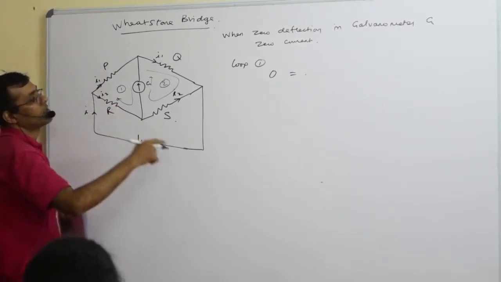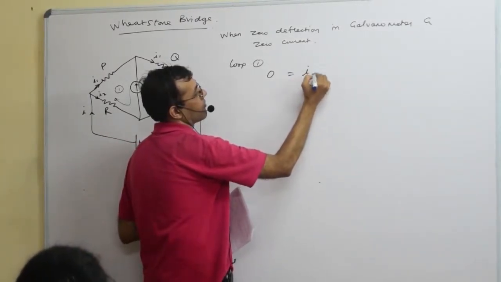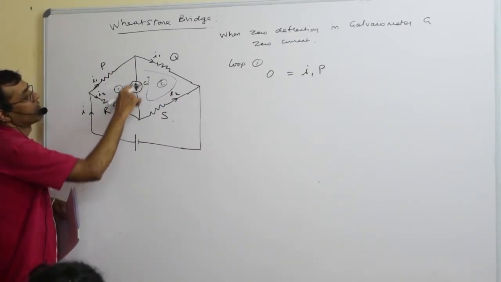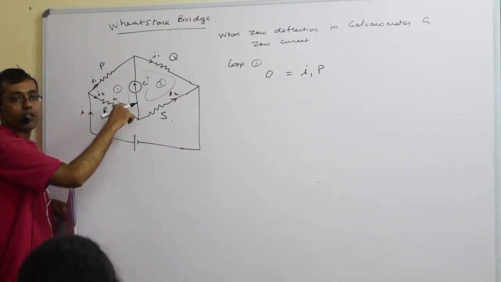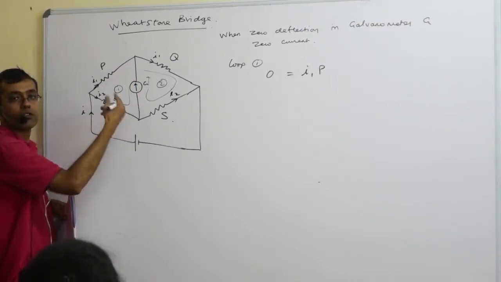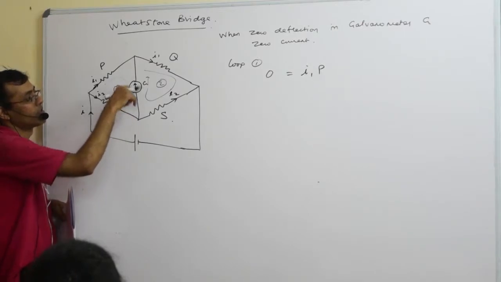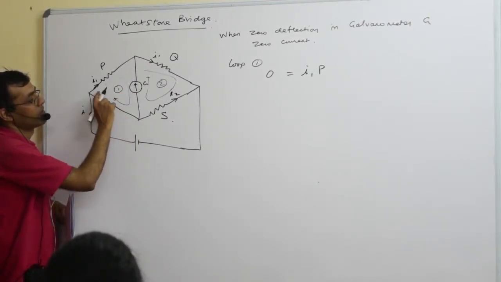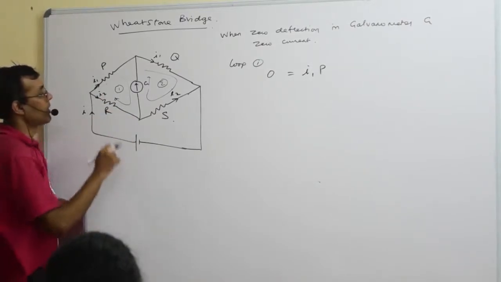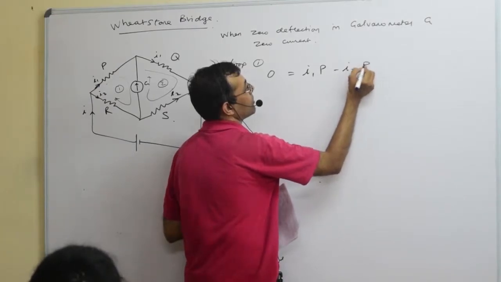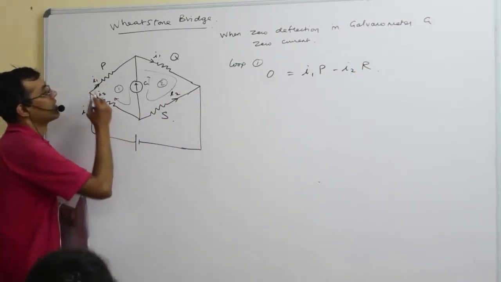I1 into P, because I'm going in the same direction. I'm coming here. Is there any current here? Nothing, right? Even though the galvanometer has got some resistance, there is no current here. So I don't have to worry, because 0 into this, anything is 0. Come here. I2 is coming this way, I'm going this way. What should I do? Minus I2 into R. That's all, nothing else.